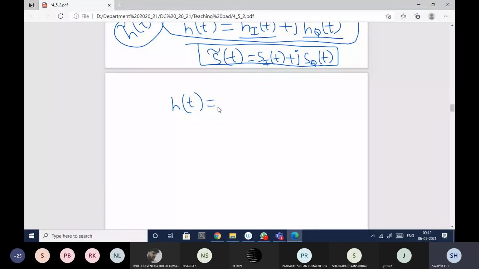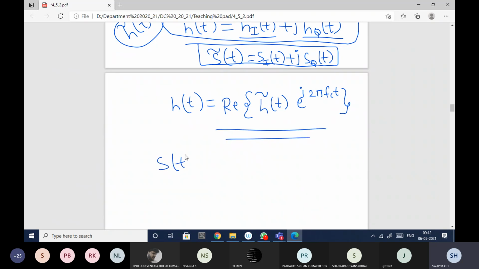So we can write H of t as the real part of H tilde of t into e power j 2 pi fct. How I'm writing this, you already know. We have written it in the same way for S of t also: S of t I have represented as the real part of S tilde of t into e power j 2 pi fct.